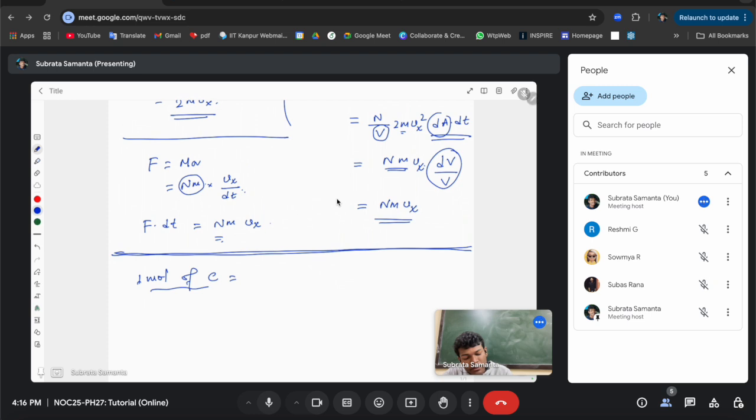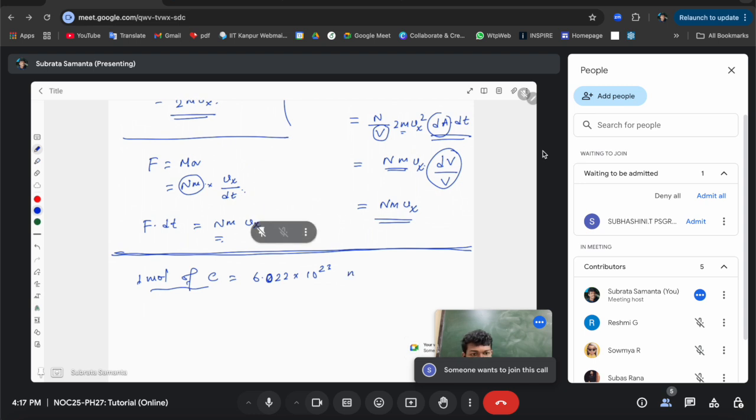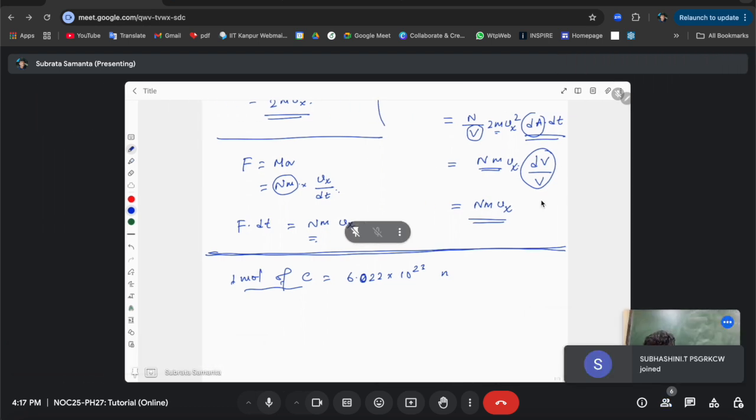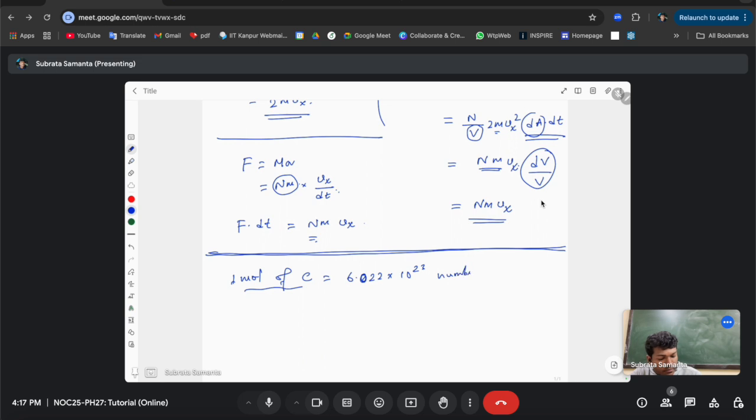The Avogadro number is of the order of 10 to the power 23, that is 6.022 times 10 to the power 23 atoms. So a bit of carbon, that means 1 mole of carbon, contains of the order of 10 to the power 23 atoms.